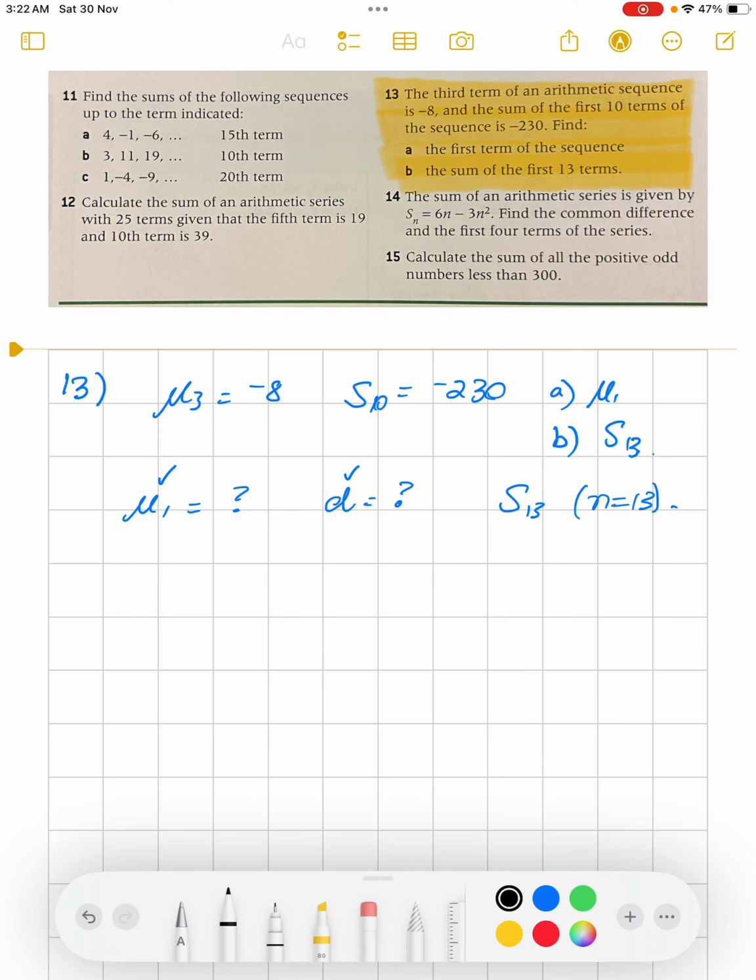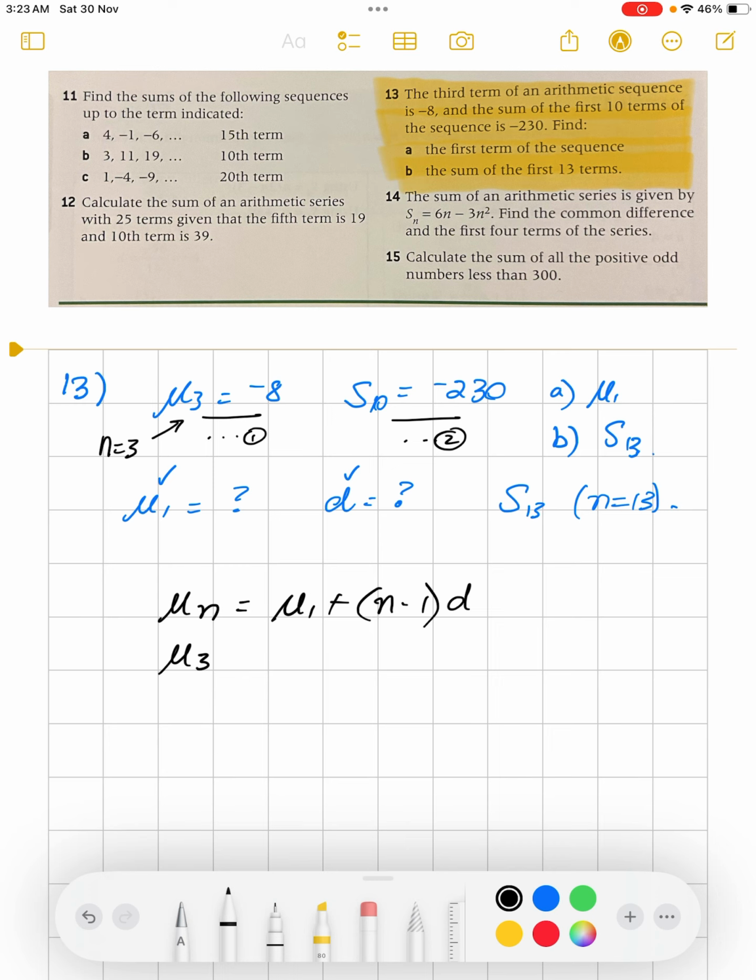We do that by taking these two pieces of information, call that equation 1, call that equation 2, and then solve simultaneously. So let's look at the formula for the nth term, and it is u1 plus n minus 1 times d. And from equation 1, we've got n equals 3, and the u3 is -8.